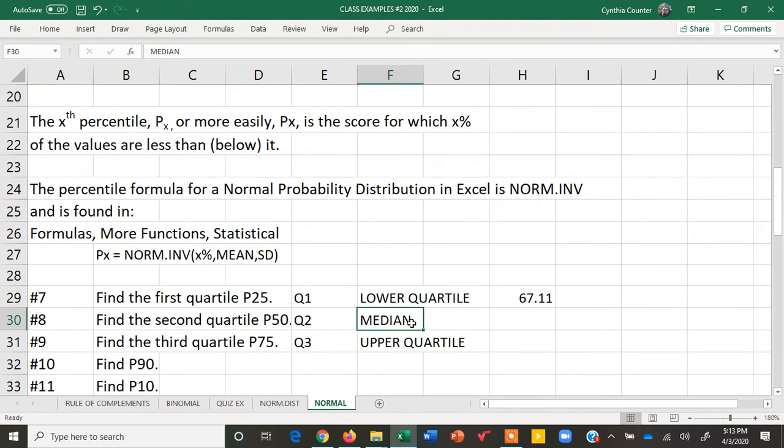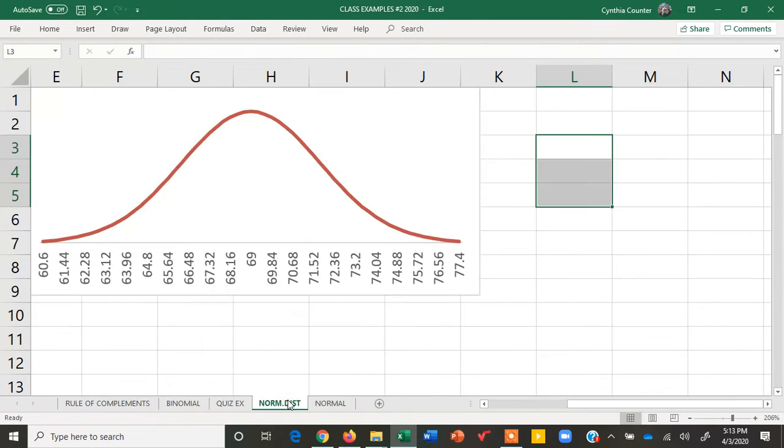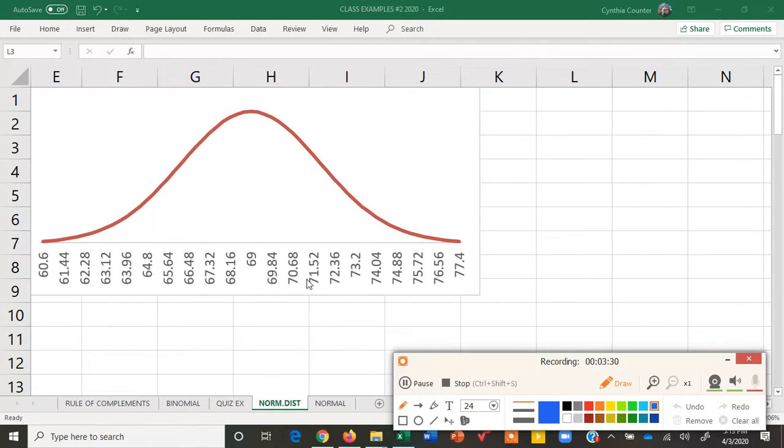The median is exactly in the middle. It's the 50th percentile. And if we look back over at our graph here, when you're right in the middle on a perfectly symmetric distribution, so that you have half of your values to the left and the other half of your values to the right, then that's your median. But when it's perfectly symmetric, we can see it is also the mean.